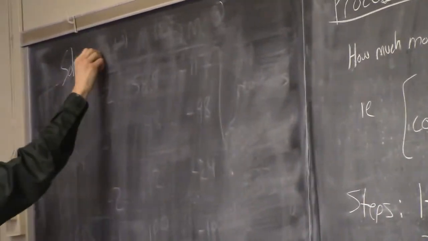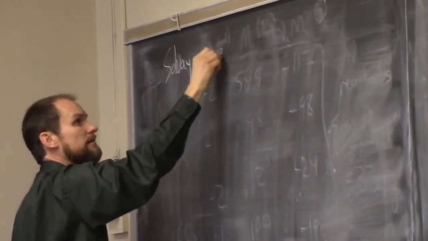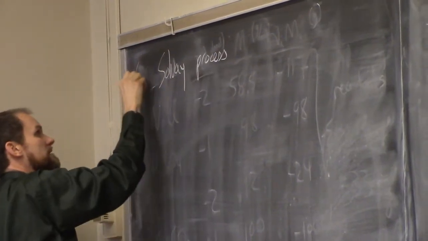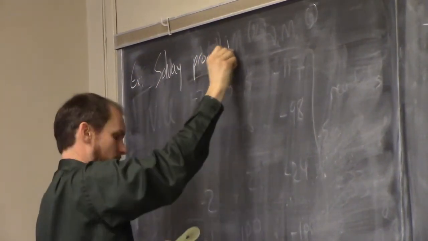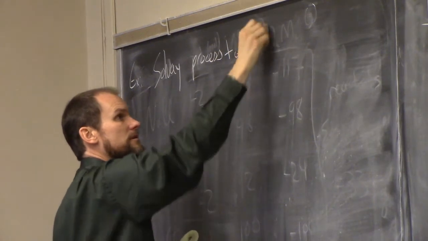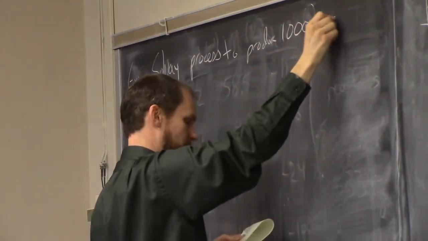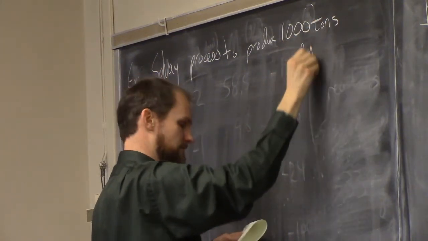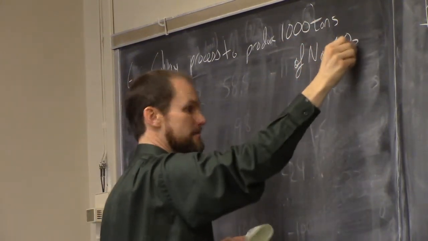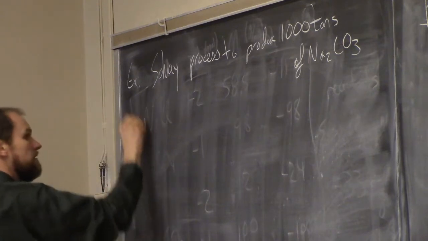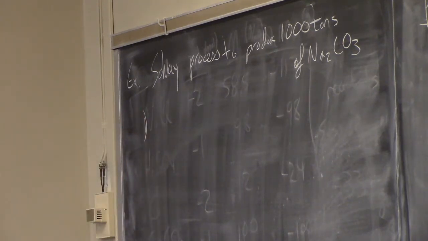Solvay process, for example, to produce 1,000 tons of sodium carbonate. So step 1, we're going to do moles to mass.